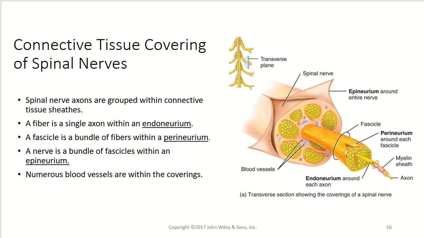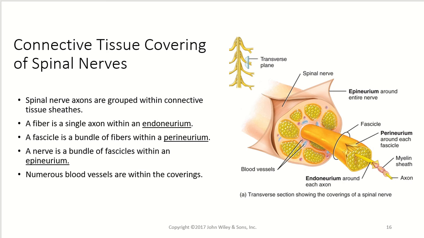So let's look then at the connective tissue coverings for the spinal cord, just real briefly. The spinal nerve axons are going to be grouped within these connective tissue sheaths, similar to how we would see muscle tissues or muscle fibers. So the fibers of a single axon are going to be found within an endoneurium.